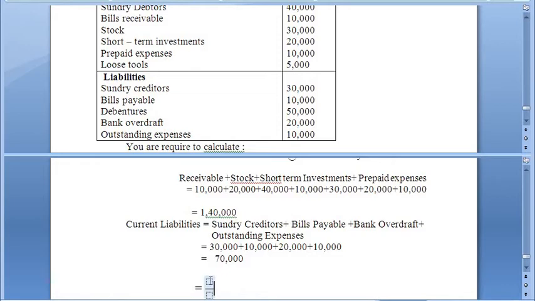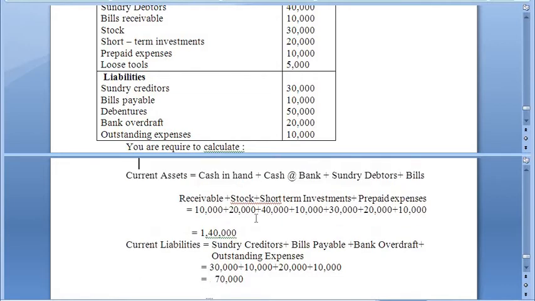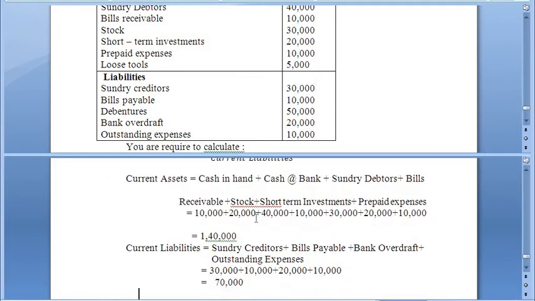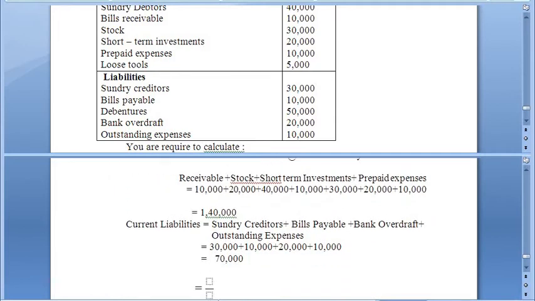Now put both the values into the formula. What is the formula? Current assets divided by current liabilities. So right here 1,40,000 divided by 70,000, how much?